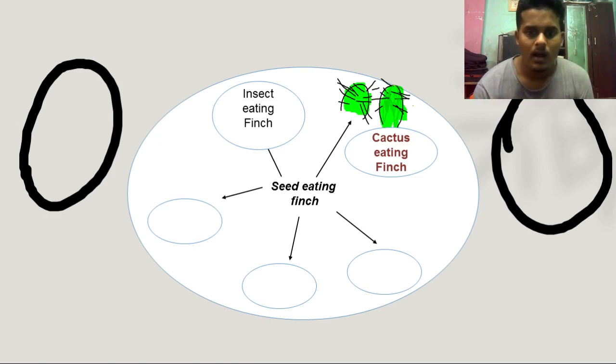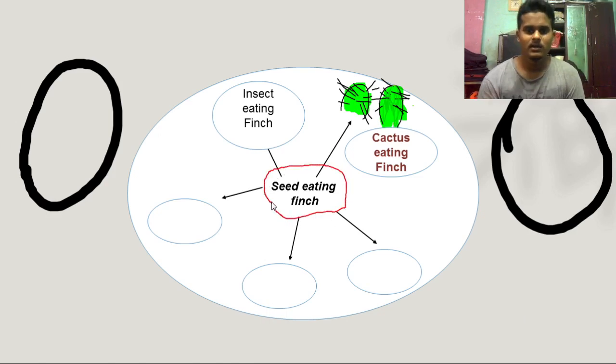First of all, there may be seed eating birds. Seed eating finches, in the sense, are birds which only have a beak modification to eat seeds. Let me take an example of 50 birds migrating to this place, and there 5 birds were able to adapt to the situation and eat cactus.